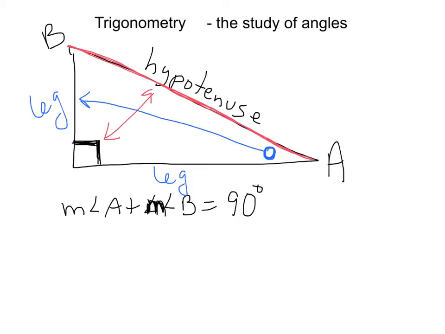The side adjacent to angle A is the side that helps to form angle A. So from A as my reference point, I would call this side, I'll put in a C here, BC, the opposite leg, and I would call AC the adjacent leg. Now, of course, if I was here in angle B, then this would be the opposite and this would be the adjacent. The only piece that never changes is the hypotenuse. Hypotenuse is always opposite the right angle. Okay.